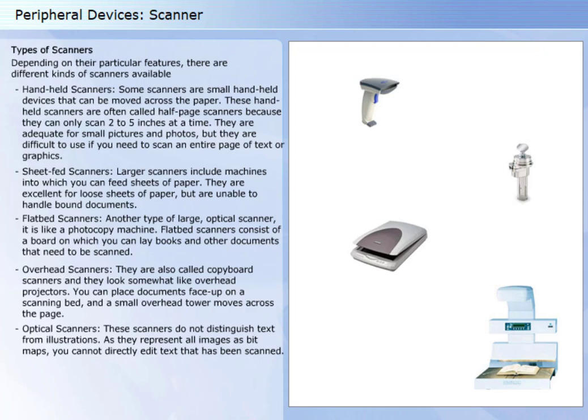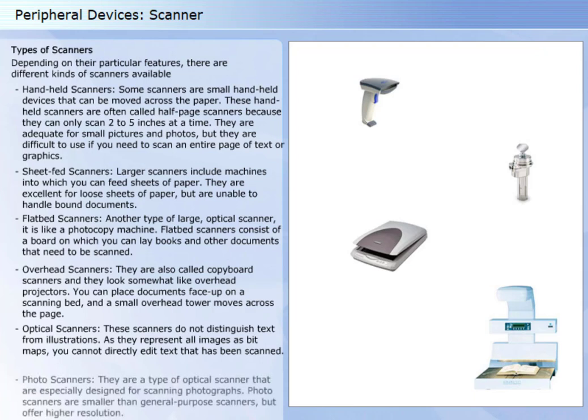As they represent all images as bitmaps, you cannot directly edit text that has been scanned. Photo scanners. They are a type of optical scanner that are especially designed for scanning photographs. Photo scanners are smaller than general-purpose scanners but offer higher resolution.